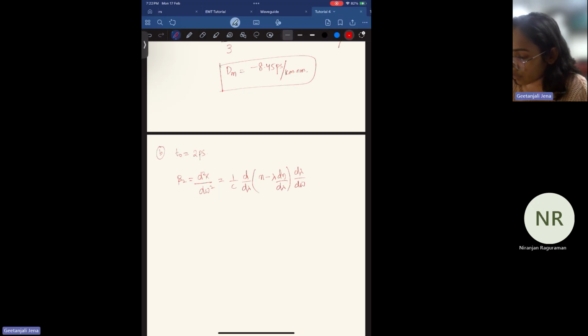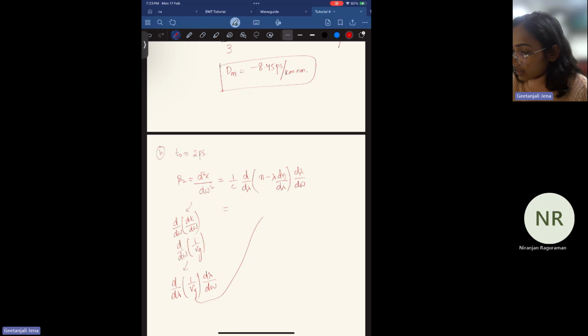So this is like 1 by vg, right? So this is nothing but d by d omega of dk by d omega, which is d by d omega of 1 by vg. So we need to express it in terms of lambda. So this is d by d lambda of 1 by vg, and this is d lambda over d omega.